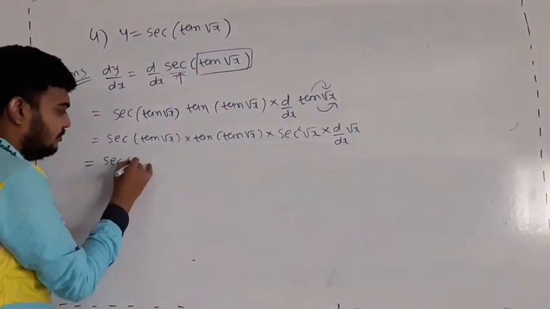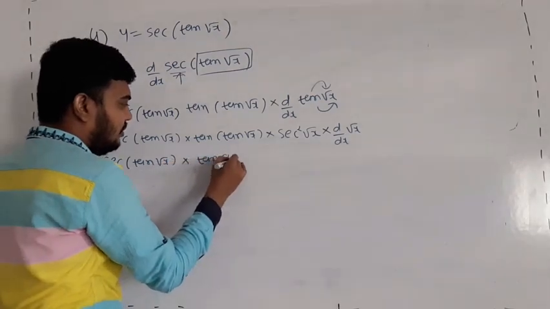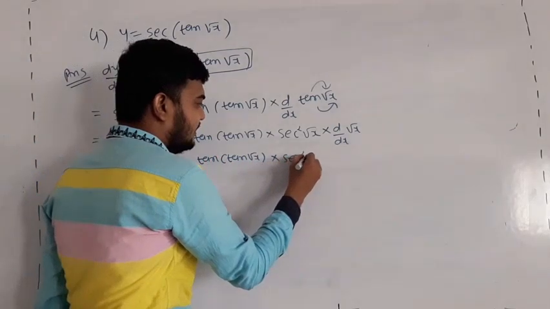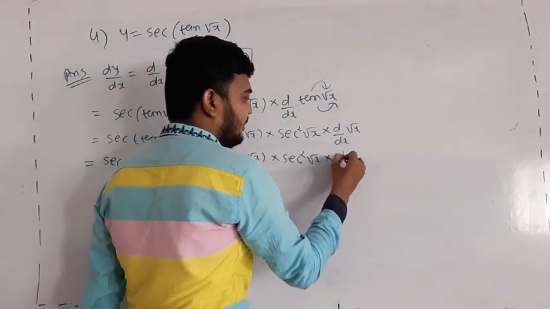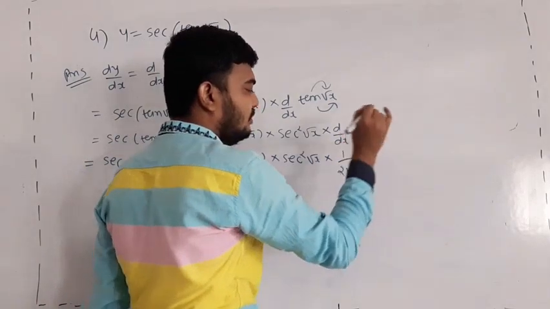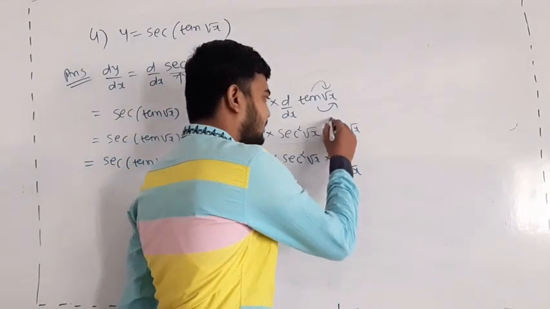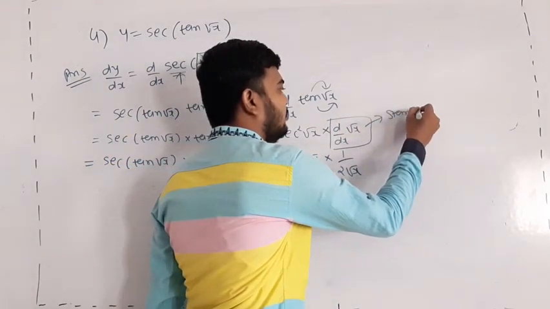So sec of tan root x cross tan of tan root x cross sec square root x cross d by dx of root x, which is 1 upon 2 root x. Okay, remember one thing, the last derivative is always a standard formula.